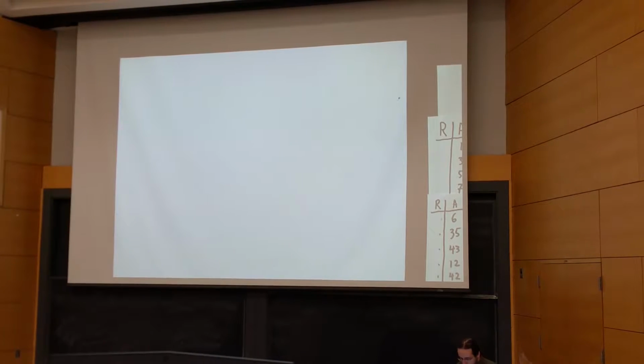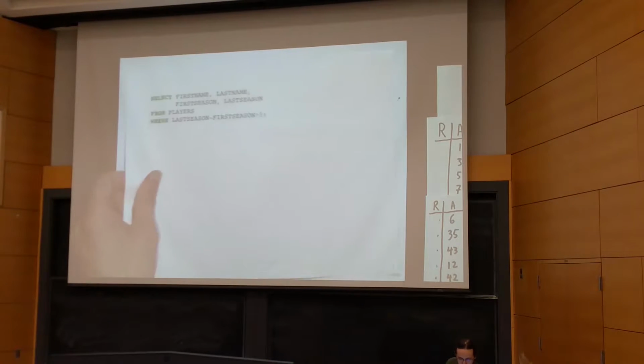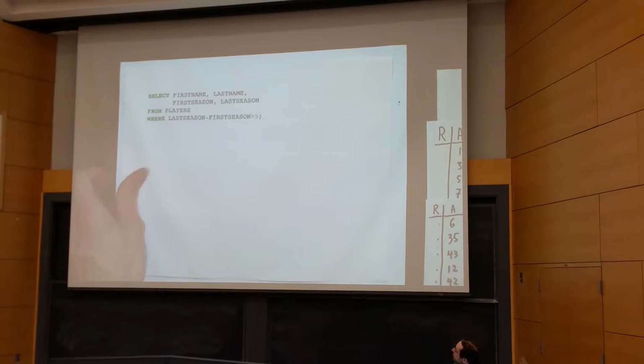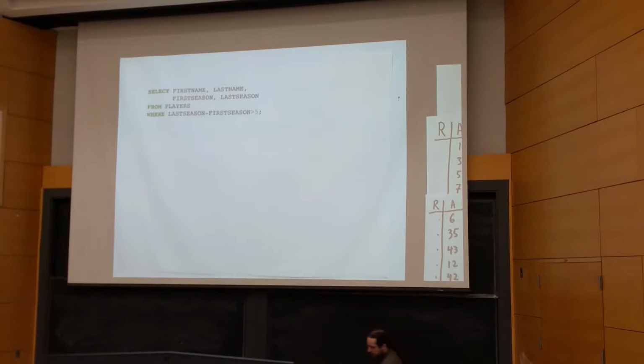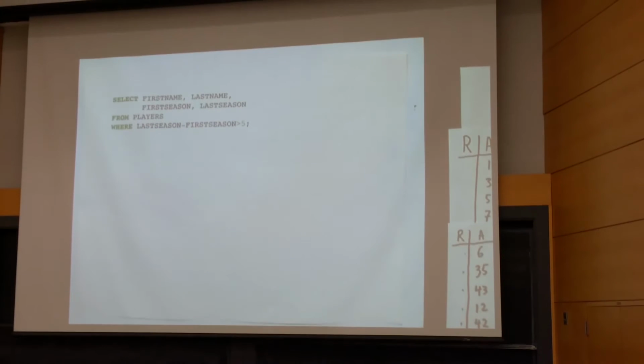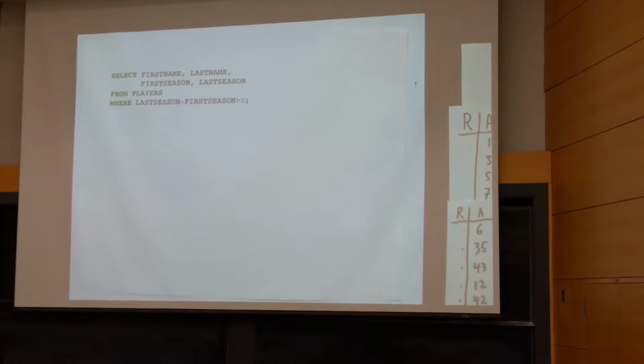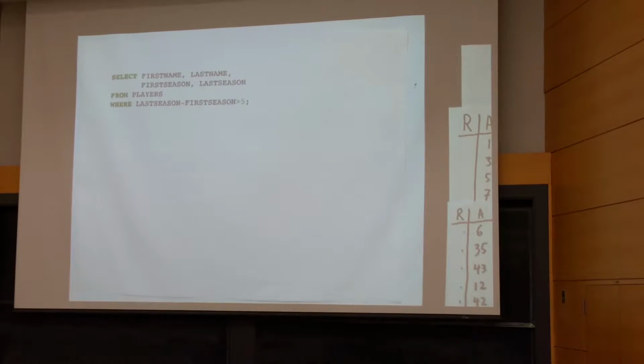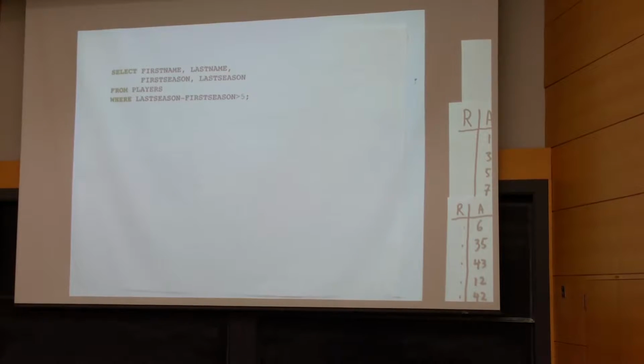So we're going to start off with a really straightforward query. Some of you may recognize this from the example workloads that you were given. This is one of the players' queries.